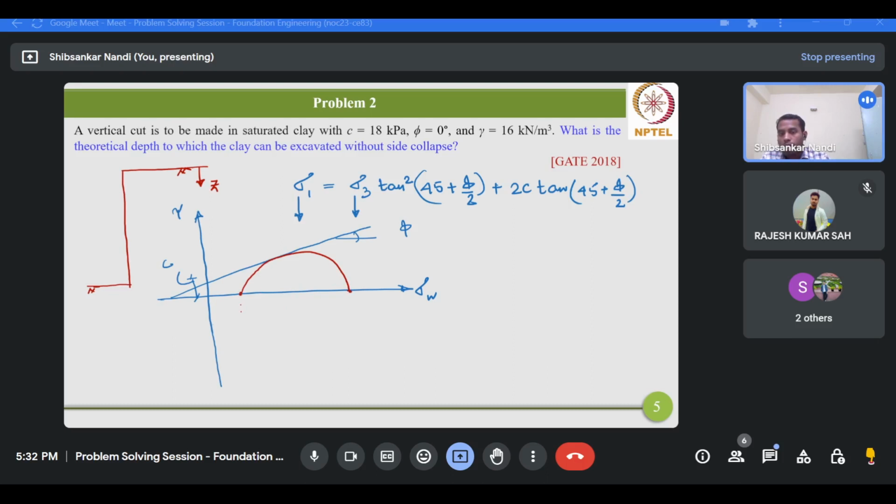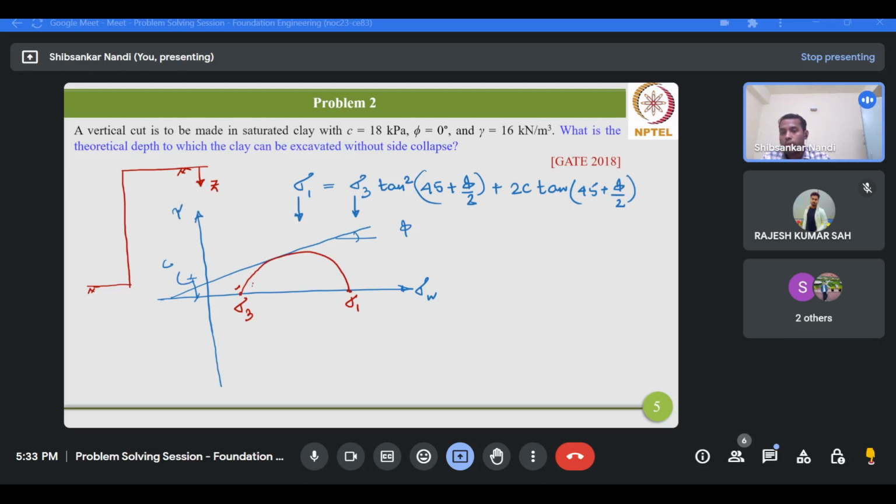The state of stress at this point will give you the major principal stress, and this point will give you the minor principal stress. Why? Because at these 2 points, as you can see from this plot, the tau becomes 0.